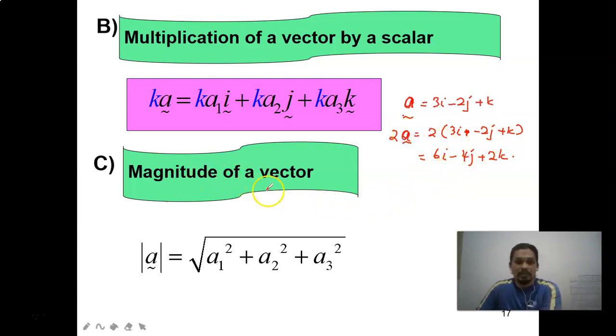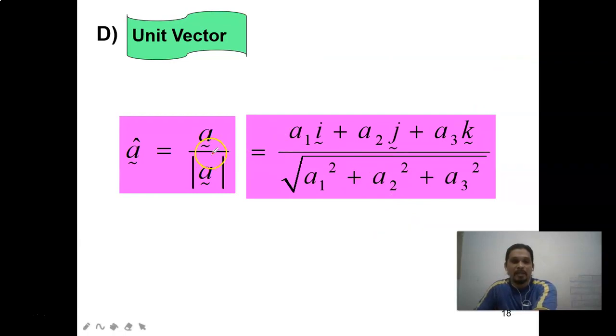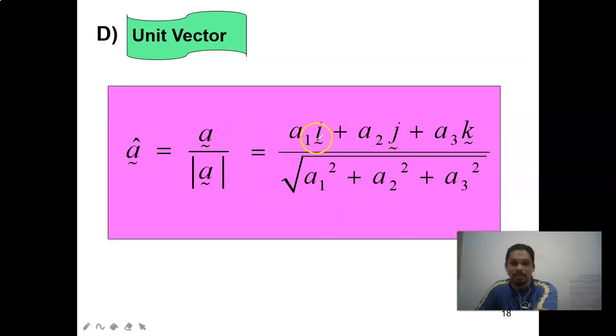And the magnitude of a vector, the absolute value or distance of this, is the square root of A1 squared plus A2 squared plus A3 squared. And unit vector of the vector A equals the vector A itself divided by the distance or absolute value of the vector A. So as you see on the screen here now, the vector A with i, j, and k divided by the magnitude of the vector A itself.